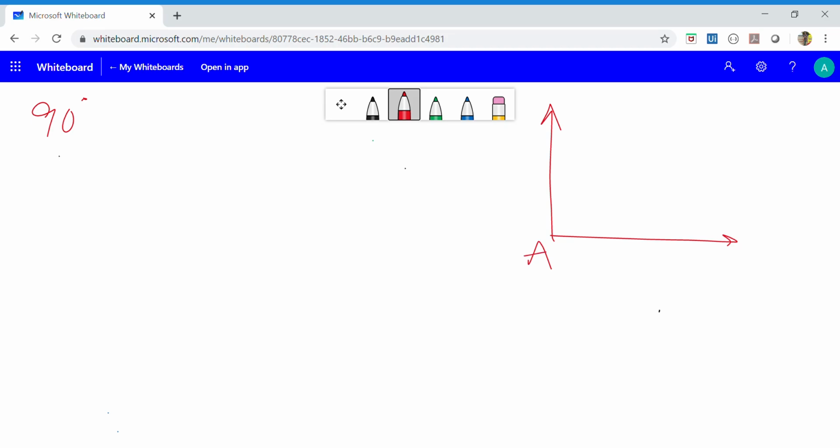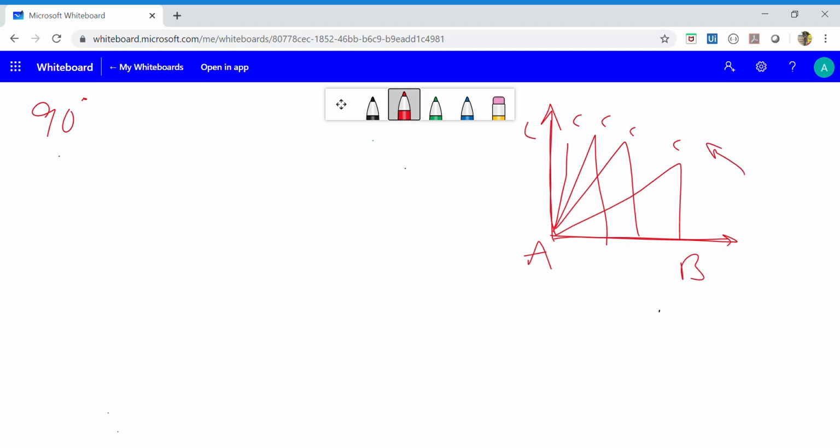Suppose the vertex is A. The initial ray moves like this and coincides with C. Let the other point be B. The angle formed at A is 90 degrees.